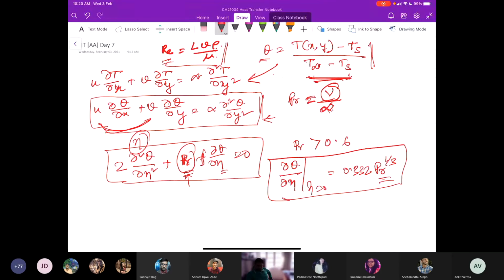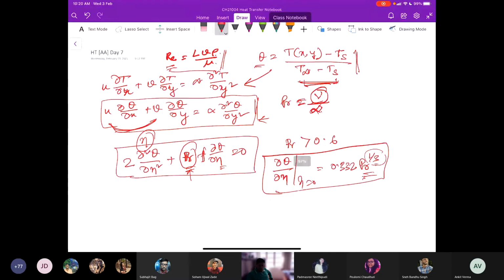The reason we are specifically mentioning this is because for the rest of the convection problem, you will see these coefficients appearing. On the right hand side, you would see the Nusselt number is related with the Prandtl number and Reynolds number. We will see how it happened. But you do not need to memorize the coefficients. If you remember why it came, those coefficients would automatically be there.